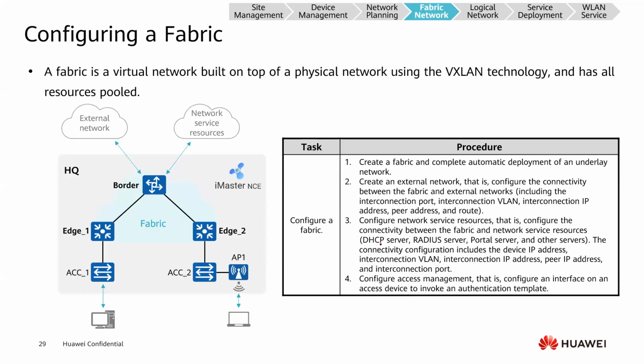And after you plan the resources for the network, you can just create the fabric. When you create the fabric, you need to determine what is the edge node and what is the border node, and then configure the underlay network automatically, and then configure the external network, the network service resources that can be accessed by the VNs.